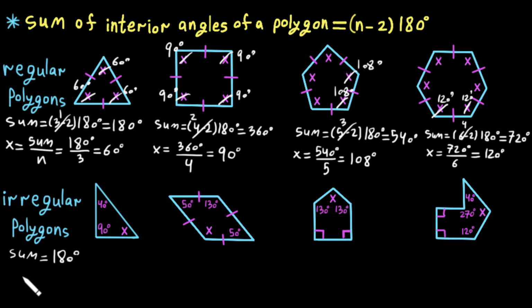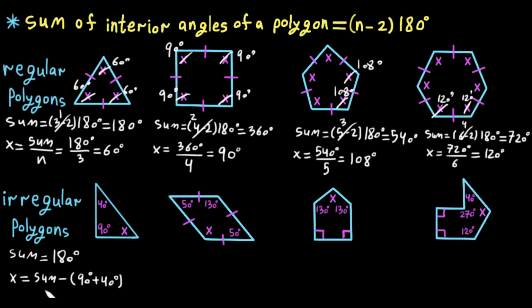Now, what is the value of this x? Now we have to find it differently, not like here. Here, all of these angles are equal, but here they are not equal. So how can we compute the value of this x? We have to say the sum minus these angles, 90 degrees plus 40 degrees.